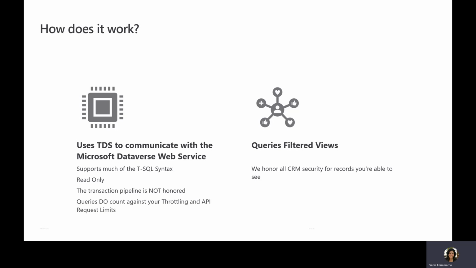Now, security and authentication. The Microsoft Dataverse endpoint SQL connection uses the dynamic security model for data access, so data can be obtained for all entities to which a user already has access in Dynamics.